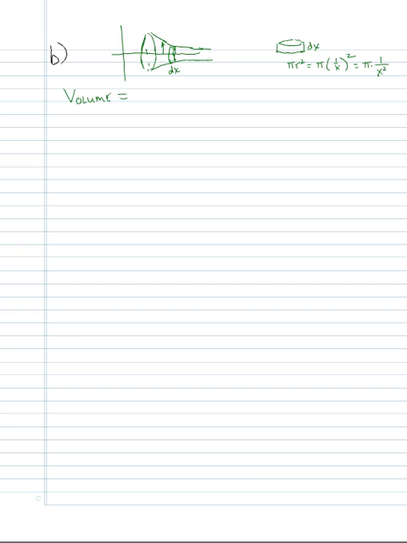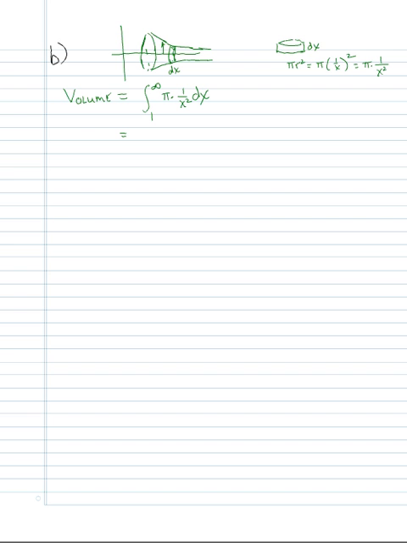So to calculate this volume, we're going to integrate from 1 to infinity of pi times 1 over x squared with respect to x. That's the integration we need to do to calculate the volume of that solid.